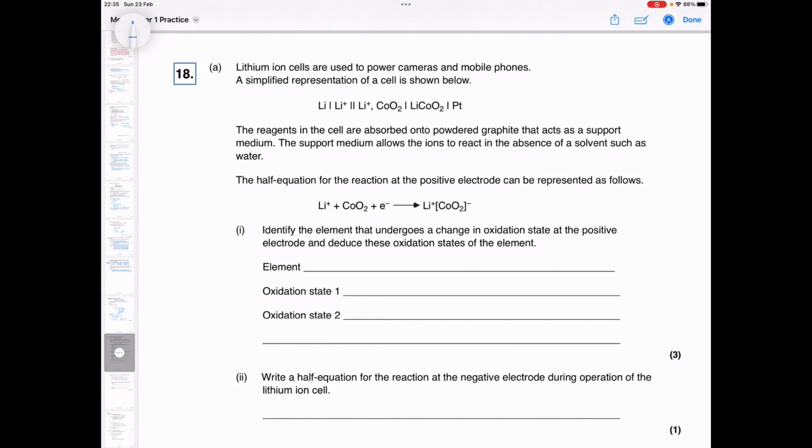Okay, so the final question, we have an electrochemistry question. Lithium ion cells are used to power cameras and mobile phones. A simplified representation of a cell is shown below. So we've got the conventional cell representation here.